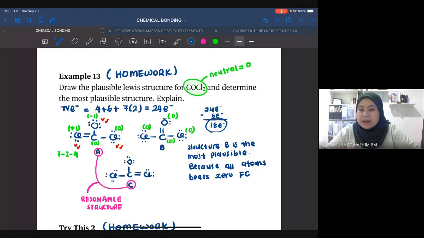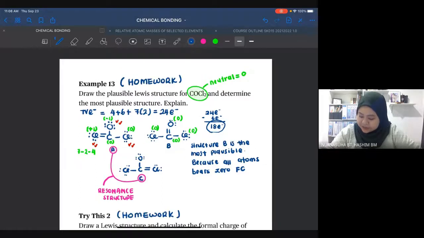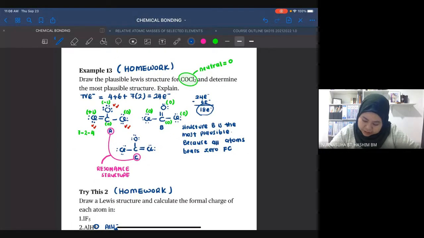Okay, structure B paling stable lah sebab each of the atom in structure B has zero formal charge. So kita tahu the smaller the number for formal charge, the more stable the structure. Okay, so that's for example 13.